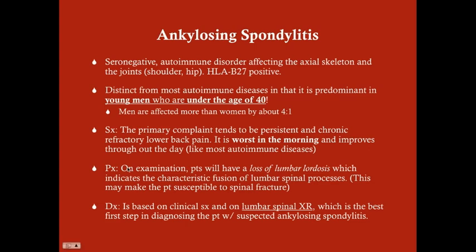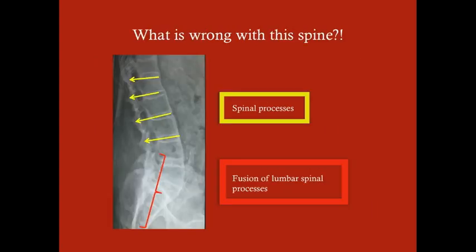On examination, patients with ankylosing spondylitis will have a loss of lumbar lordosis, and that makes perfect sense because here's the lumbar spine here. Here's where your lordosis is. Remember, lordosis is just that curvature pointing towards the anterior side.